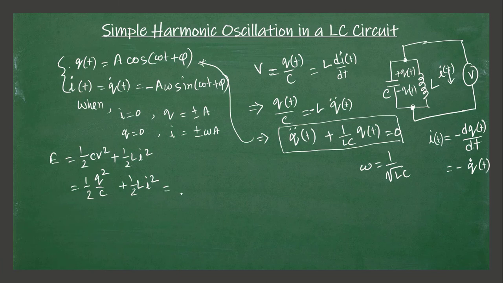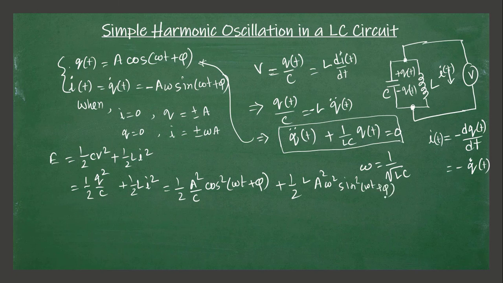Now if we put this value of Q and I here, what do we get? Well, we get half A squared over C cos squared of omega t plus phi, right? Plus half L. From here we can see A squared omega squared sine squared of omega t plus phi.